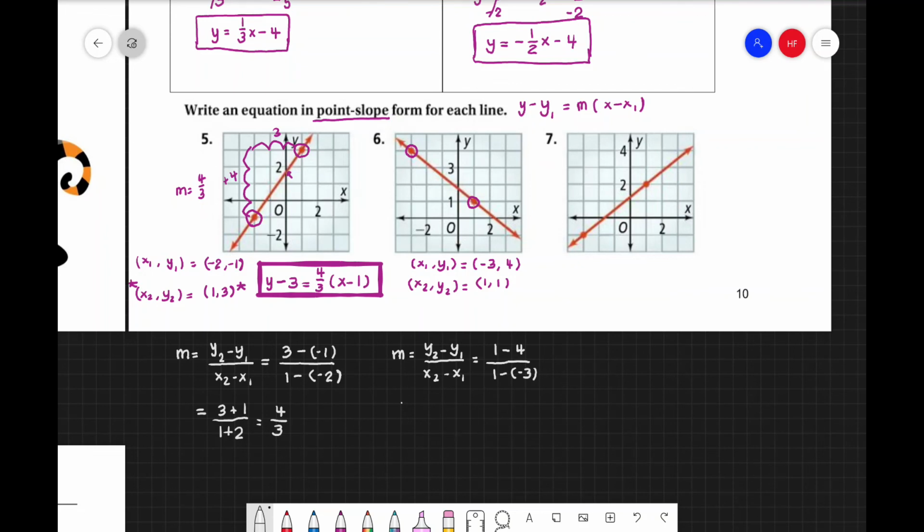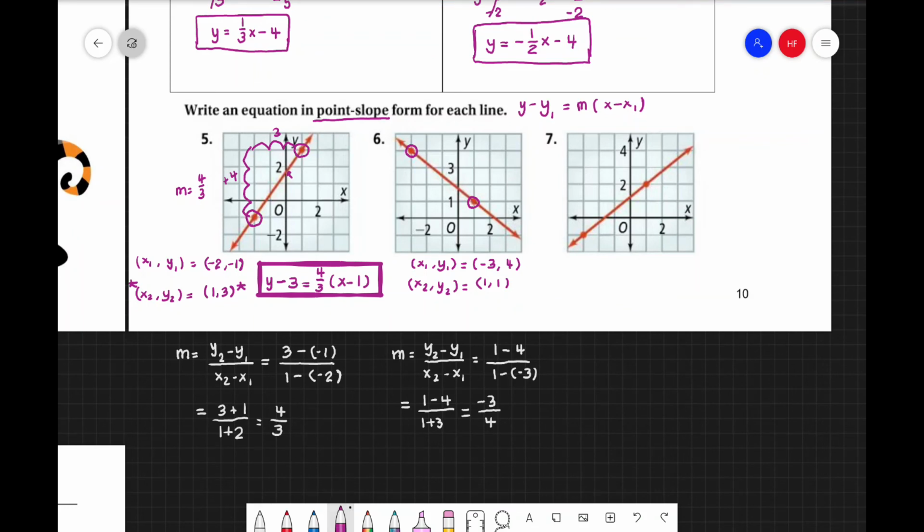I see a double negative, so I'm going to rewrite that as plus. So I have 1 minus 4 on the top, and then on the bottom, 1 plus 3. 1 minus 4 is negative 3. 1 plus 3 is 4. So my slope is negative 3/4.